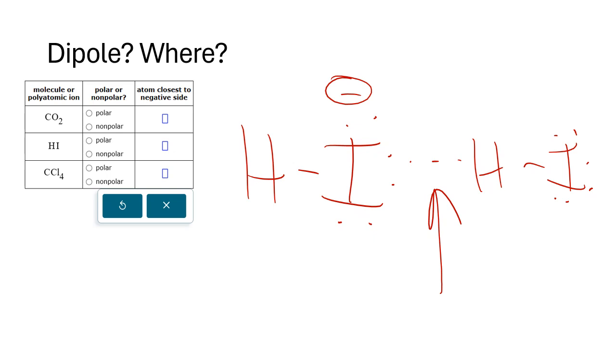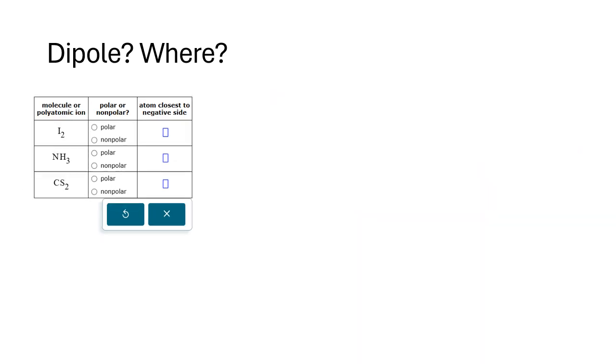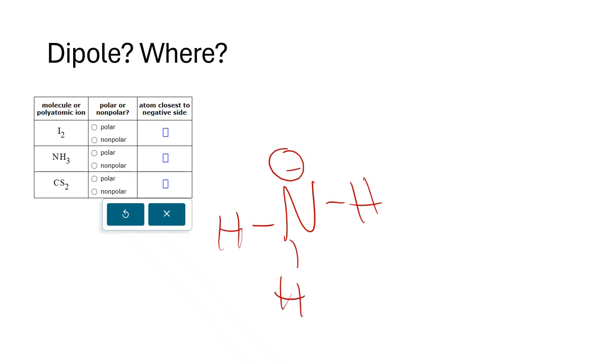And if I asked where's the negative, where's the positive, it's like that. And same with this NH3, you have that negative there, and if we were to draw another one, the positive will be on this other side.